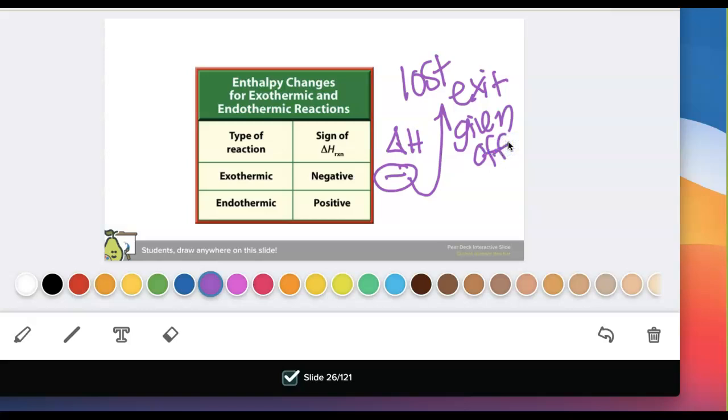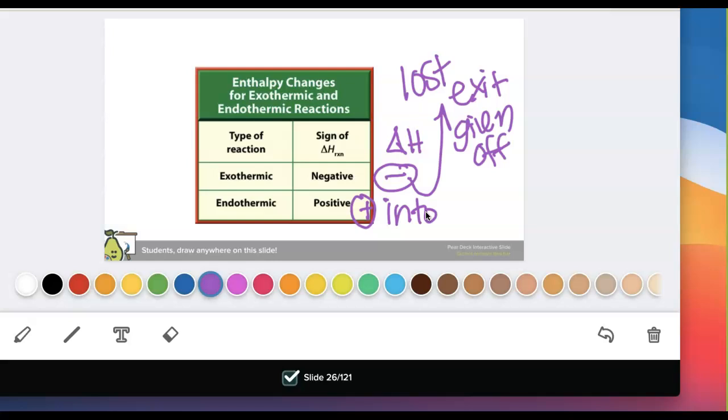You cannot have negative heat. So if you have a negative sign in front of a numerical value in this chapter, it's because that amount of heat is lost, given off, released. Whereas a positive value, which is endothermic, means heat is going into the reaction. You're adding positive heat. You're not subtracting heat. So when heat moves in, it is endo. When heat exits, it's exo.